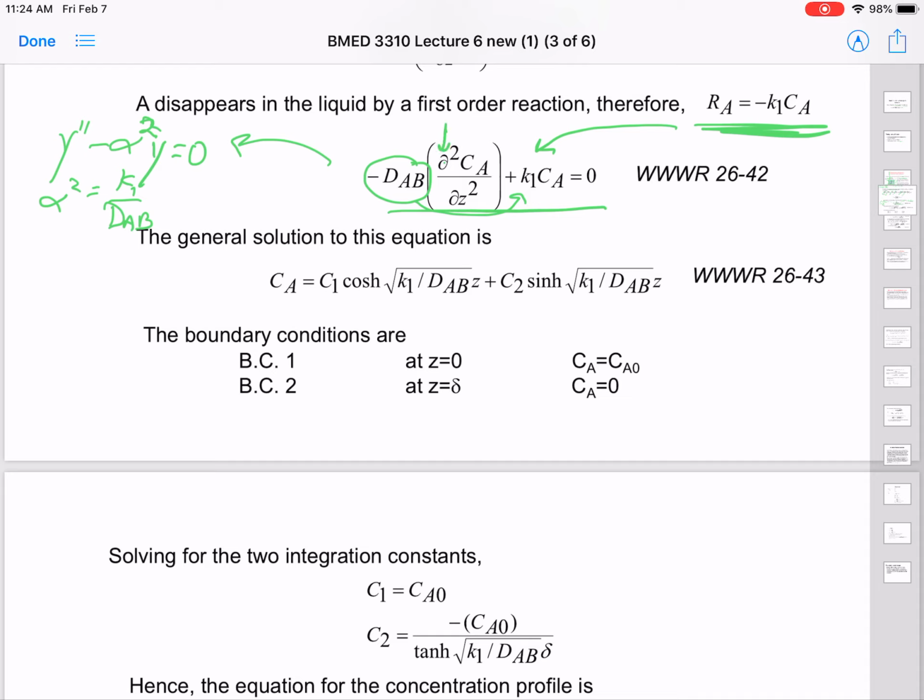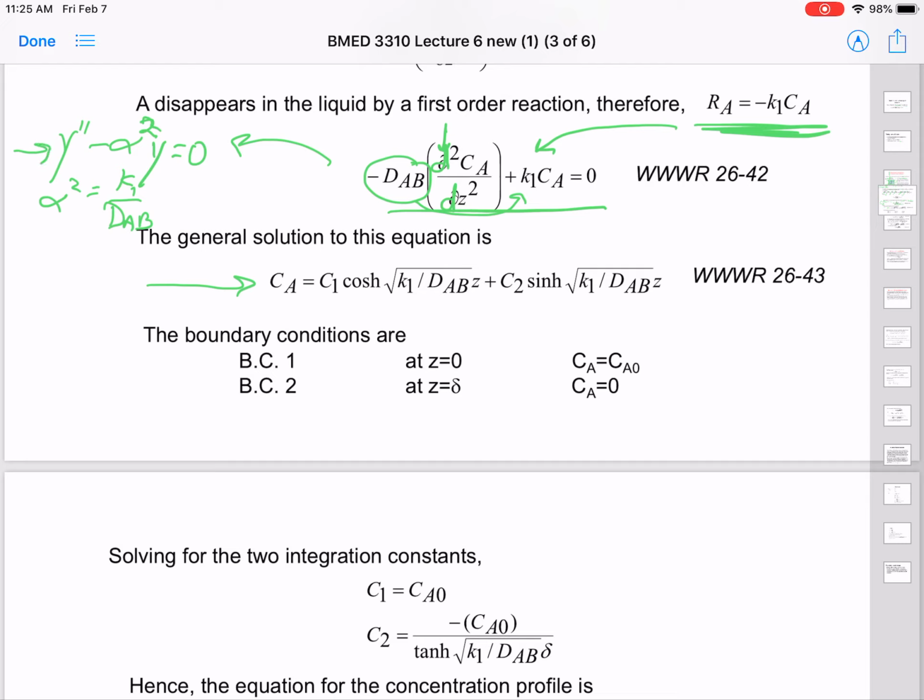You could change it to a d, because z is the only variable in which it's changing. So basically this is all single variable calculus. Differential equations.